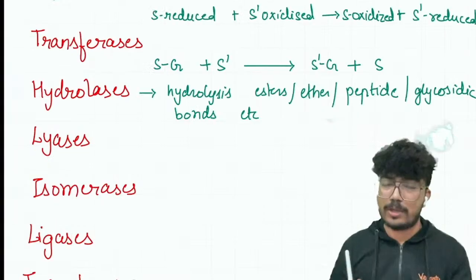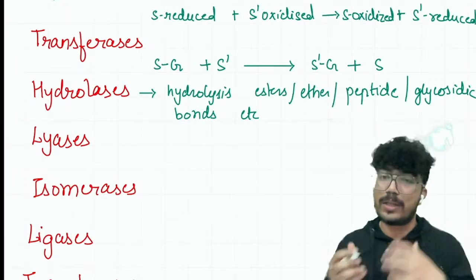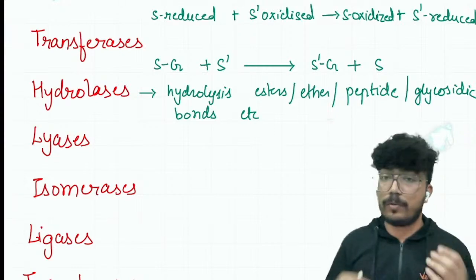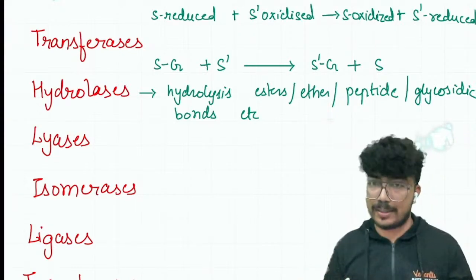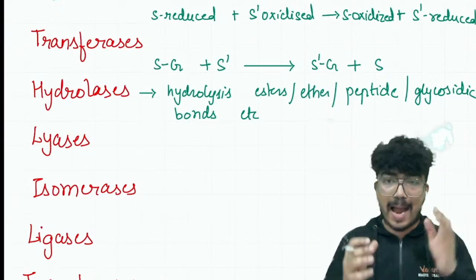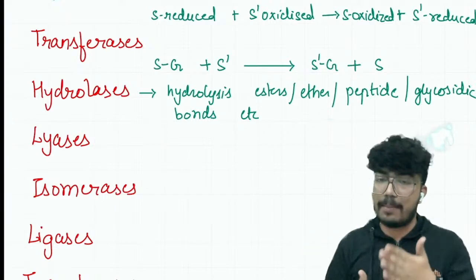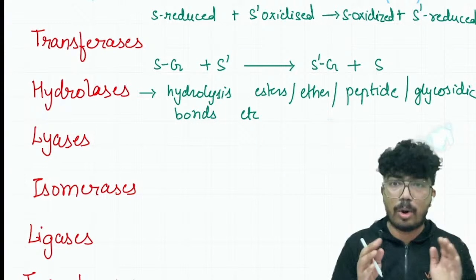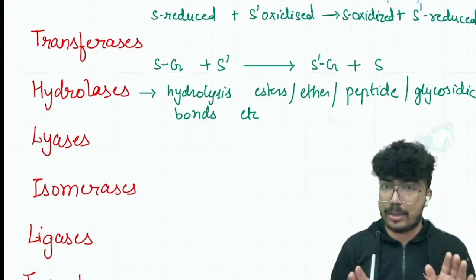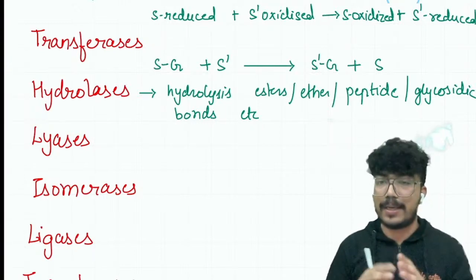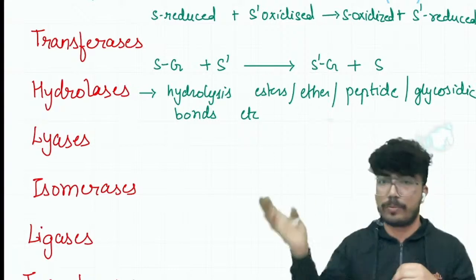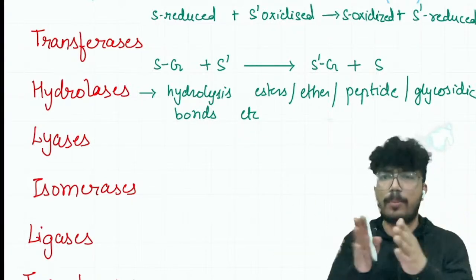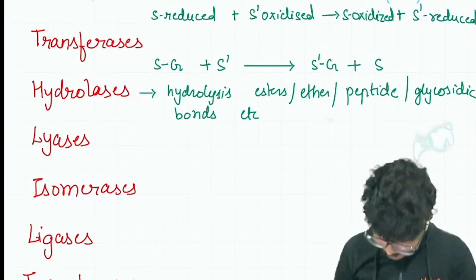Now the next category, that is lyases. They also break down bonds. They cause cleavage of bonds and removal of groups, but without hydrolysis, and there is also the establishment of a double bond. As I said, there is no hydrolysis, but still there is bond cleavage, group removal, and the establishment of a double bond between carbon-carbon atoms.